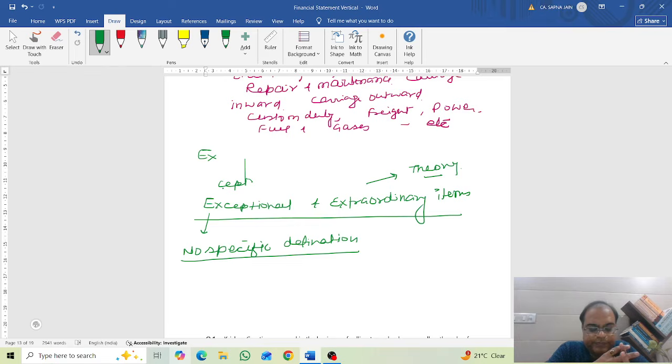In India, exceptional and extraordinary item is not very relevant or specifically specified anywhere. Clear? Exceptional item is used by America.